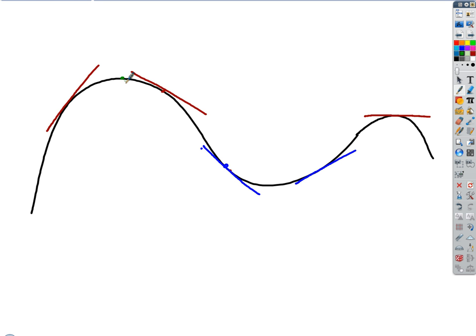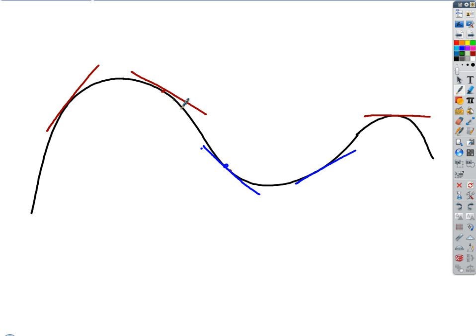The concavity hasn't changed. It's negative, because it's concave down, on top. So we're looking for where we change from concave down to concave up, meaning where the tangent lines begin to transition from being on top to underneath.